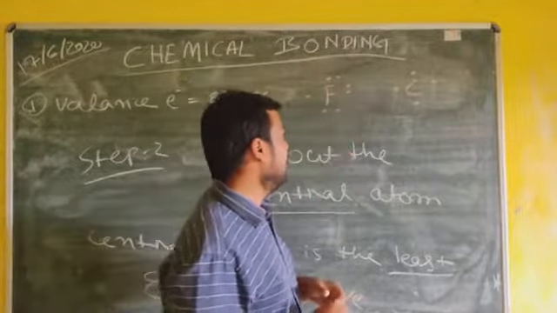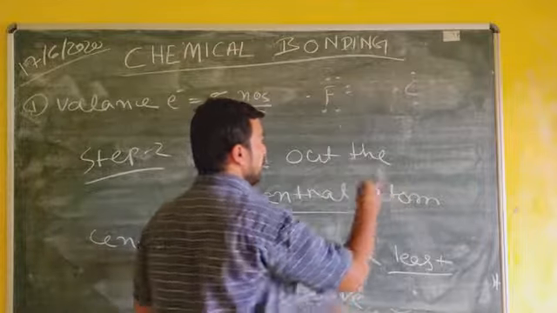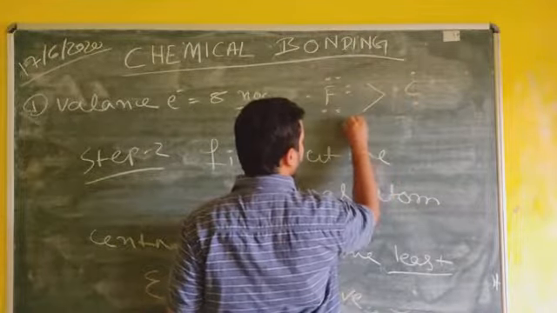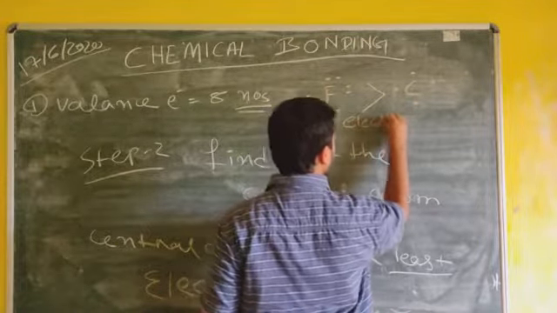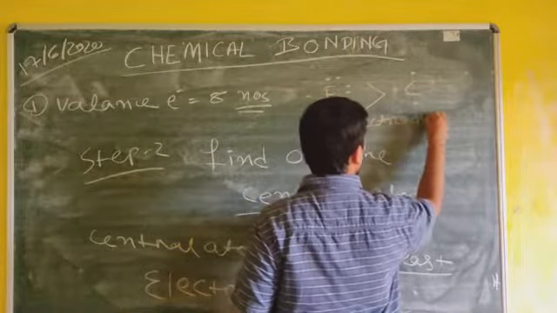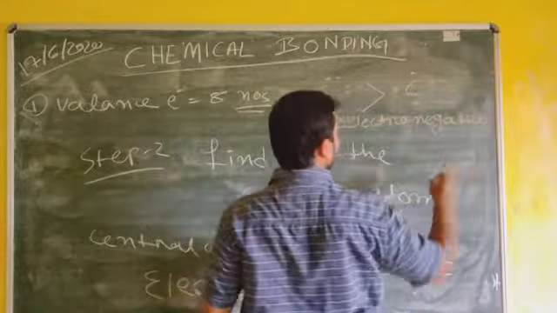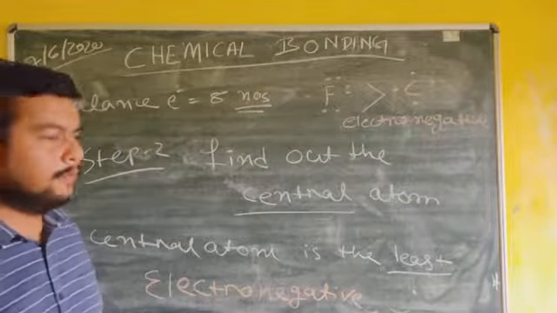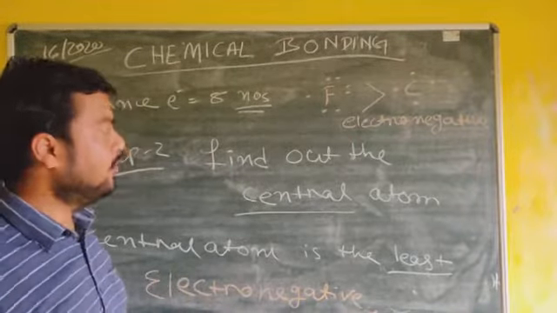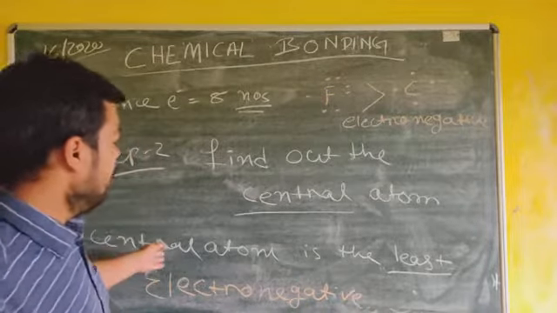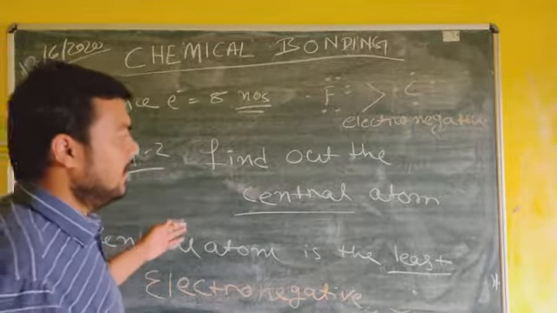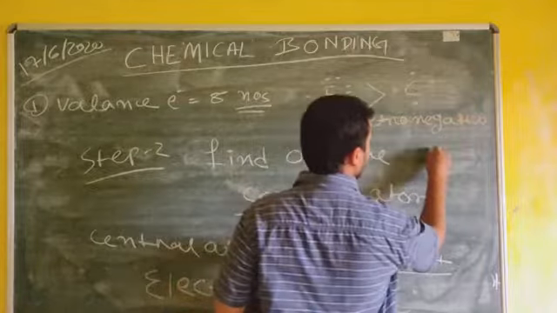So here we can say that fluorine is more electronegative than carbon.